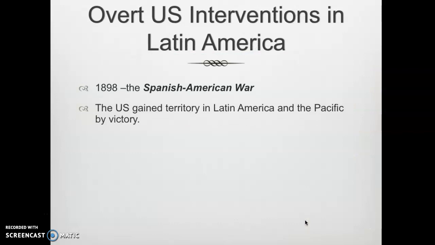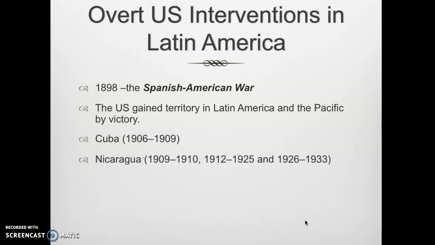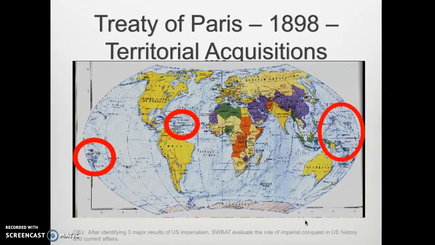Now, in 1898, the Spanish-American War gained the United States a tremendous amount of territory, even into the Pacific. Cuba came under U.S. control, Nicaragua, Haiti, and the Dominican Republic all saw U.S. military actually brought in to stabilize the region or settle conflicts and essentially fight on behalf of American interests.